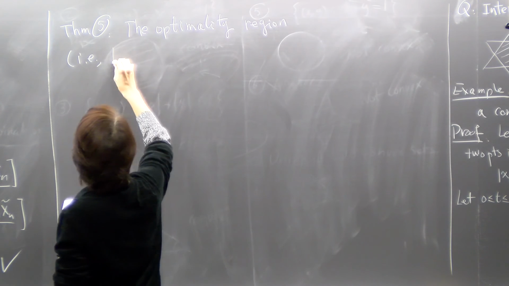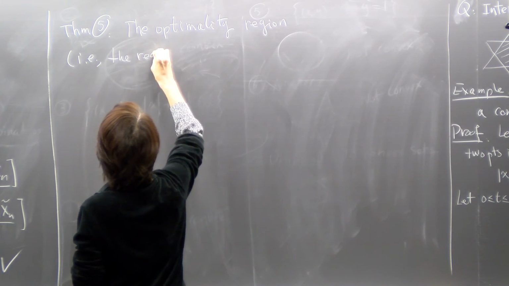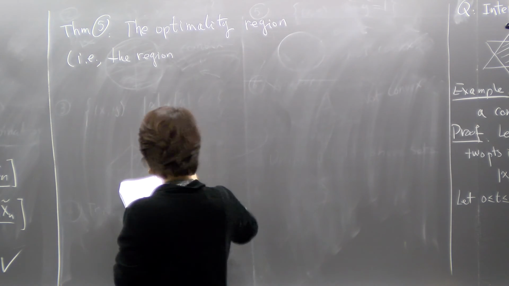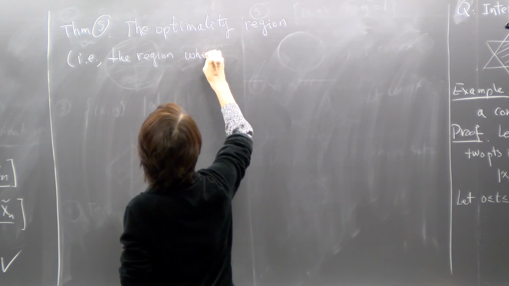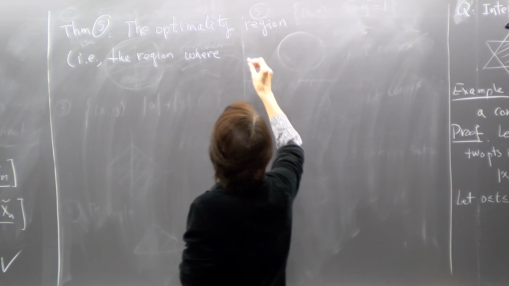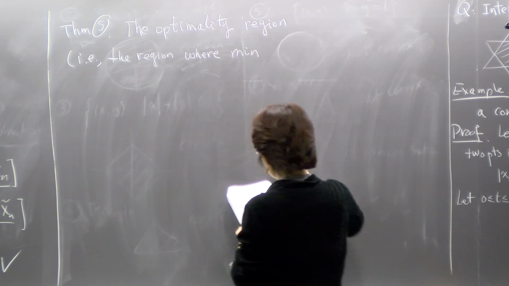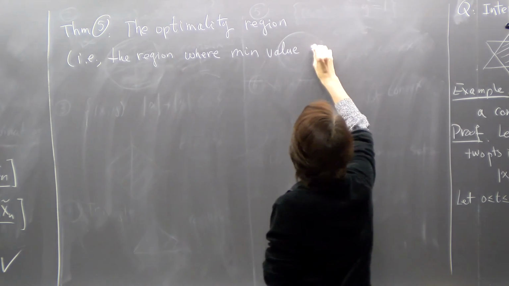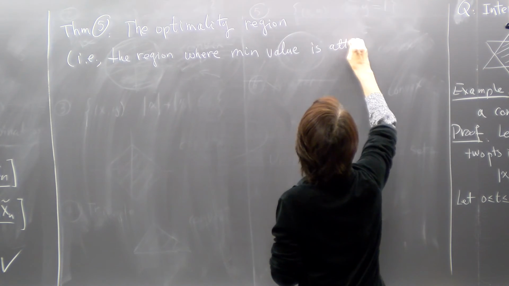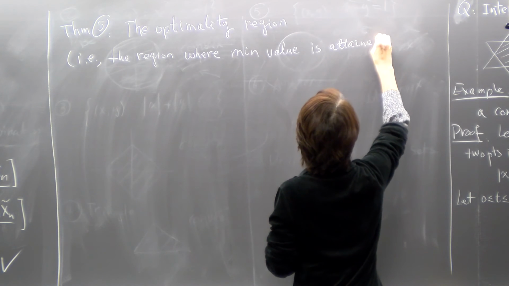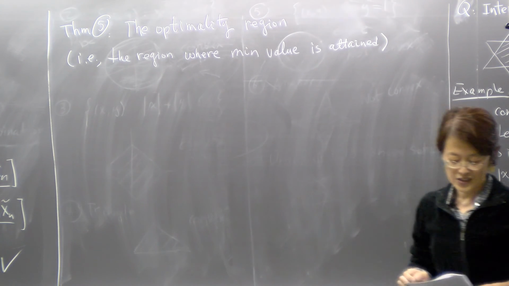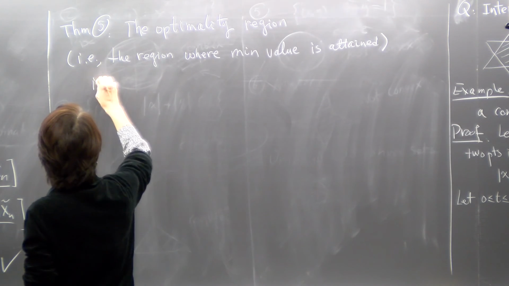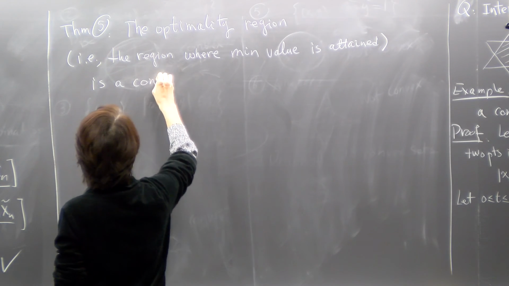That is the region in the feasible region, a subset of the feasible region, where, in the problem that we have seen, we're minimizing, so where the minimum value is attained. Okay, so that's called the optimality region. So I claim that this one is a convex set.